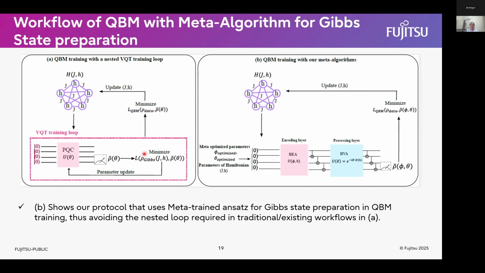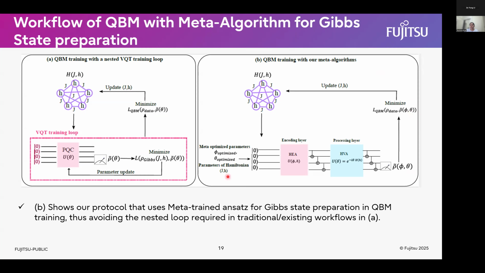So rather than that, if we can replace this pink box with our meta-trained ansatz, then we just have to give the parameters of the Hamiltonian as input to this meta-trained ansatz. So we directly measure the Gibbs state out of it, and we can minimize the cost function of QBM alone, and we can do the training.